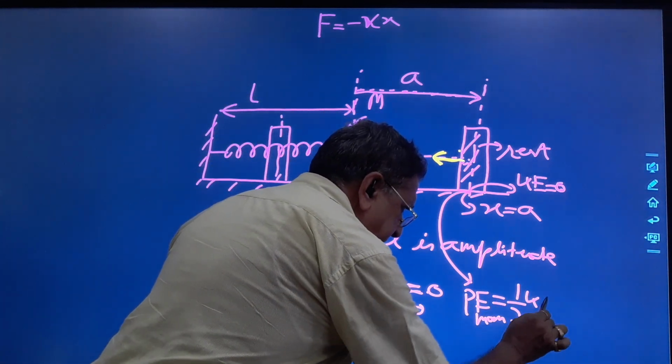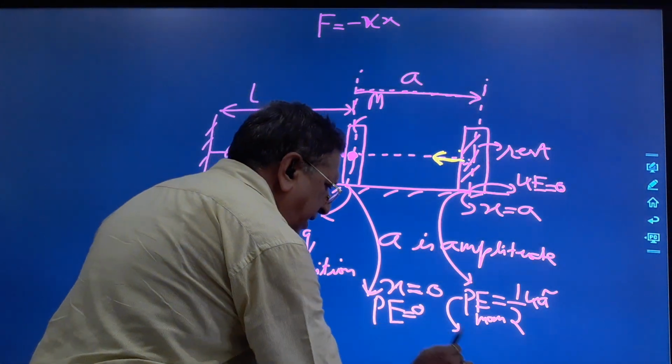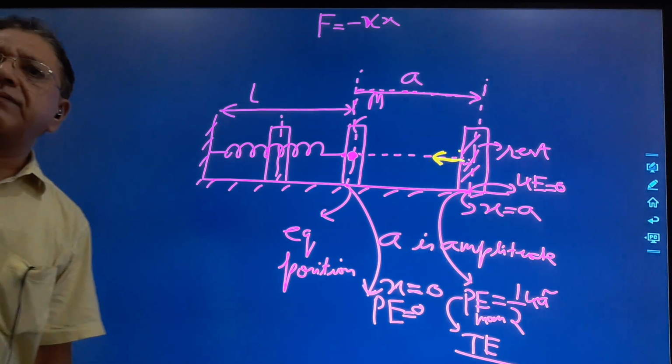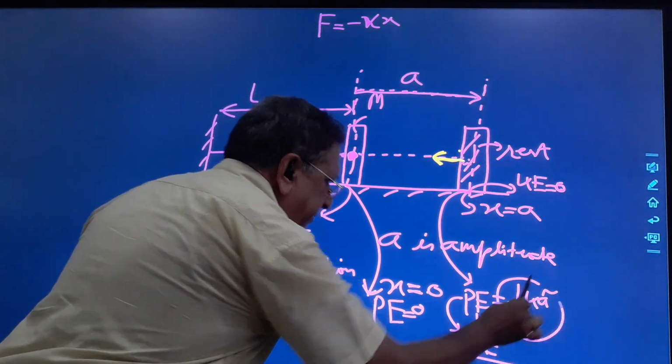So this is the total energy stored in the spring, half k A square.